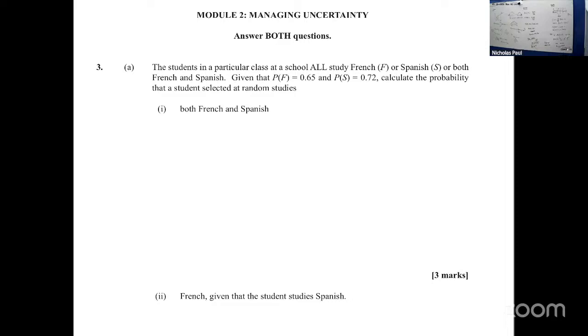What's the probability of F union S? It's one, right? Everybody is doing it.